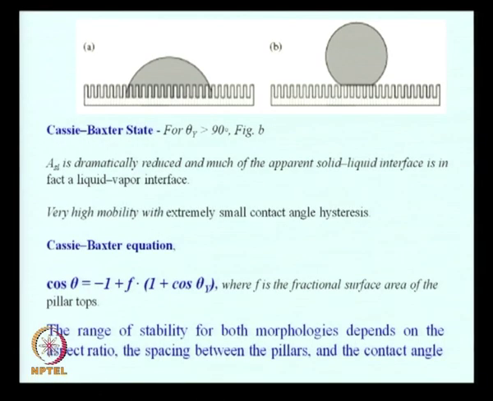But there are certain observations which can be made based on molecular dynamics simulations and experiments, which tell us that the behavior of the droplet vis-a-vis these two states would depend on the aspect ratio of these pillars, the spacing between these pillars, and the interaction denoted by the contact angle between the liquid droplet and the solid.